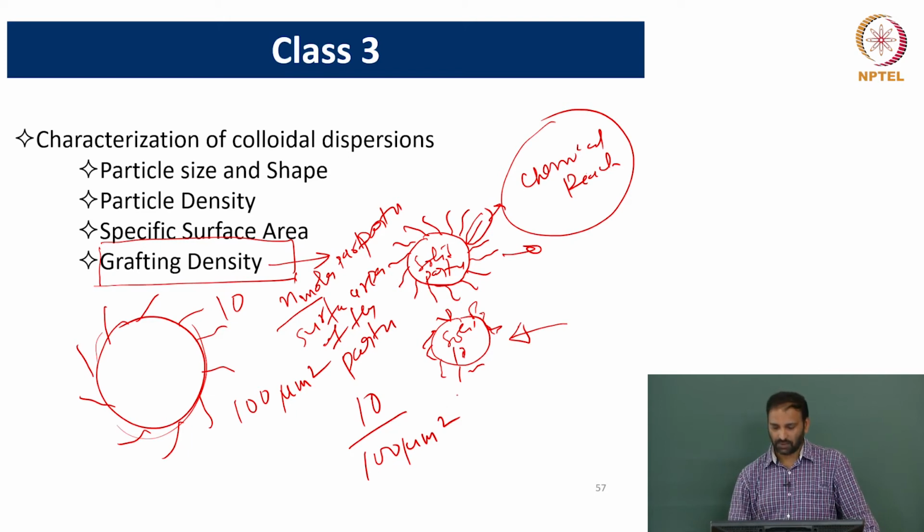So typically this will have units of number per micrometer square or meter square or something like that. So that's your grafting density.